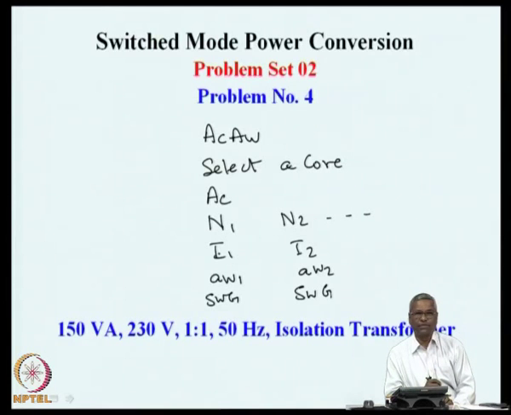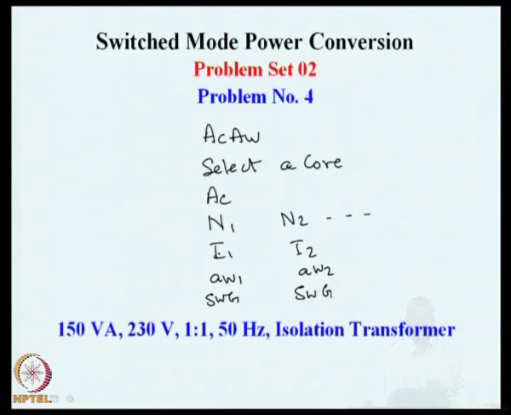So, this is the sequence in which we had seen in theory how the design is done. We had seen a small example where we calculated just the basic design, the first level design, which is core plus the wire size plus the number of turns.